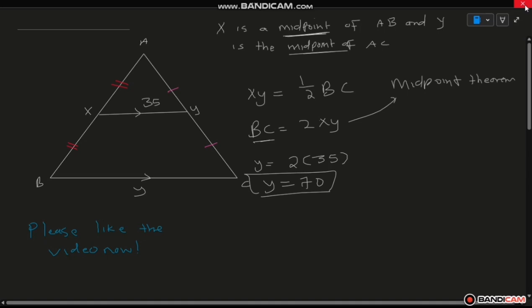Let me just show you how to answer questions. So here's a question. They're saying that in the diagram, triangle ABG. This is triangle ABG here.